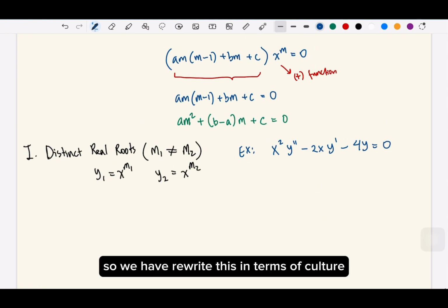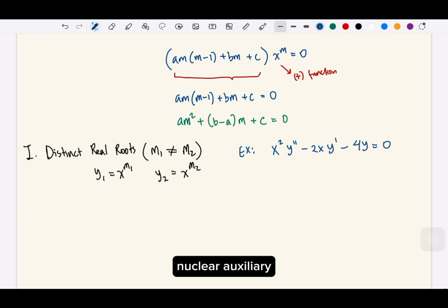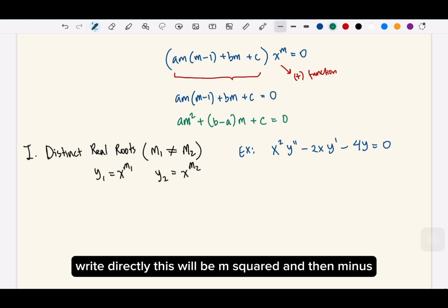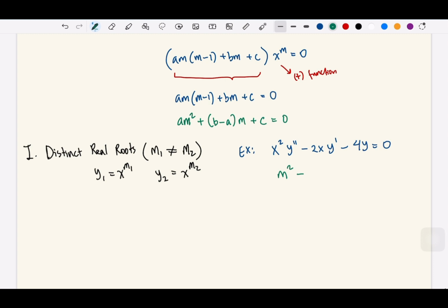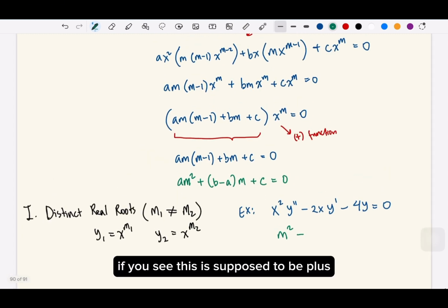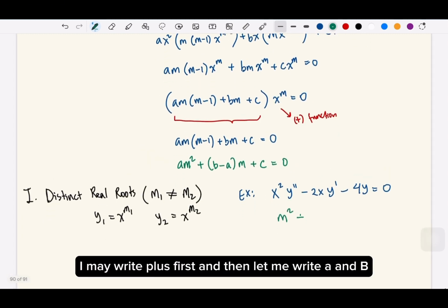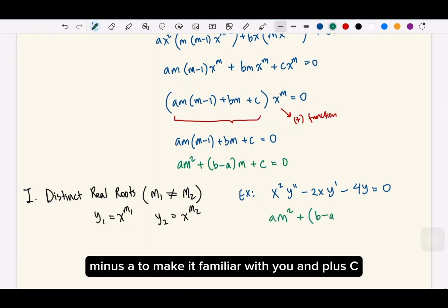So we can rewrite this in terms of the Cauchy-Euler auxiliary equation, and we can write directly. This will be a m squared, and then plus b minus a m, and then plus c.